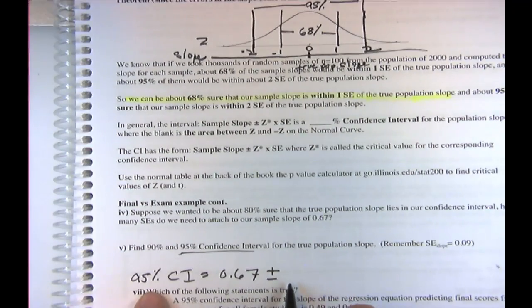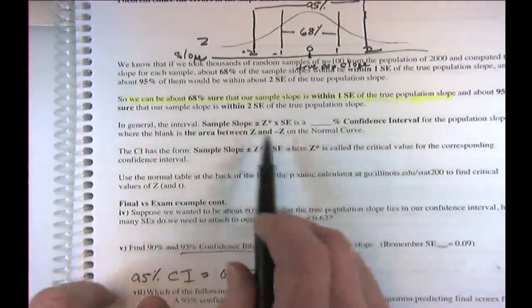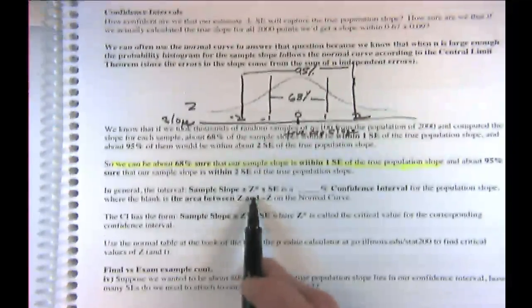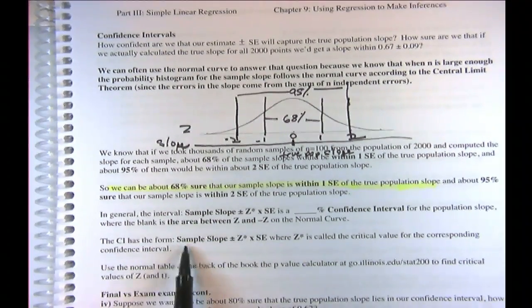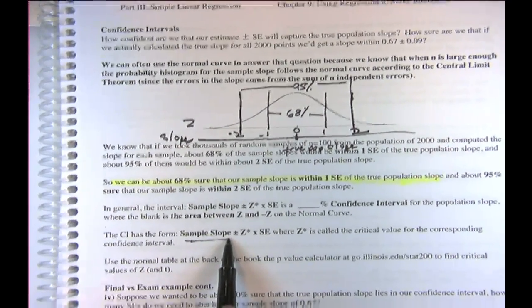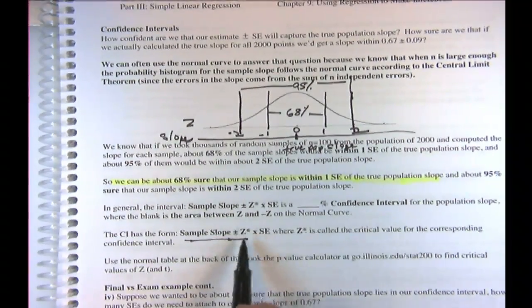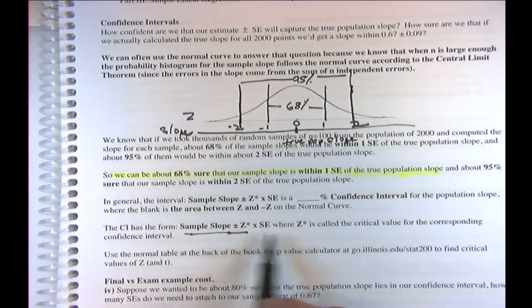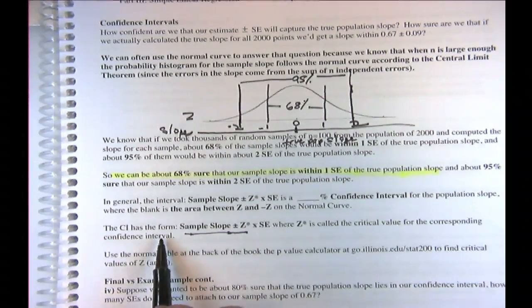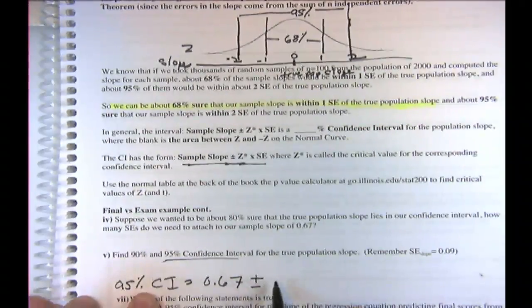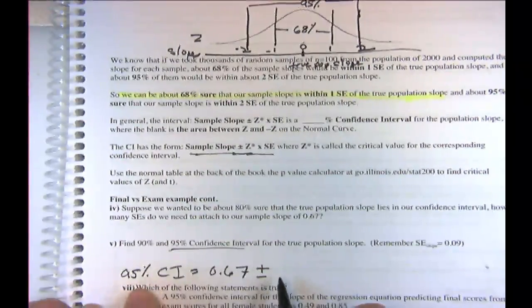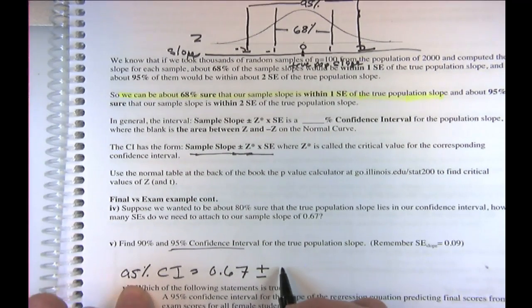What you're going to do is plus or minus what is called the critical value. The confidence interval is of this form: the sample slope for the normal curve plus or minus the critical value for the corresponding confidence interval times the standard error. So here, the critical value for 95% z-score is, can I just round to 2?